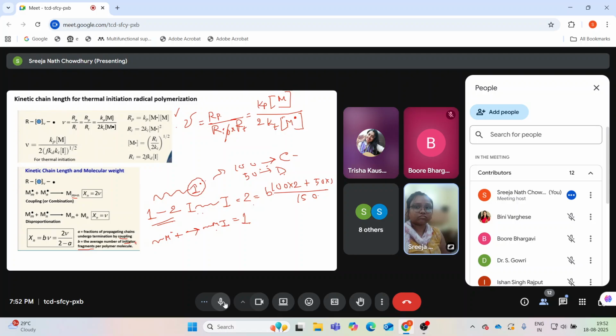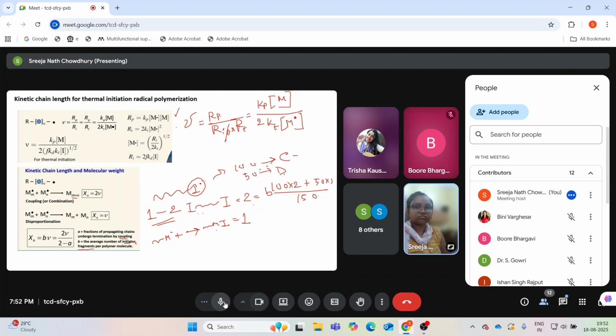For the calculation of m dot nu and xn will be exactly the same, but instead of I0, where we put the I0 value, that is 0.001, now we have to put the value of I, which is I0 e to the power minus kd t. T is the time at which you want to measure I, the initiator concentration.